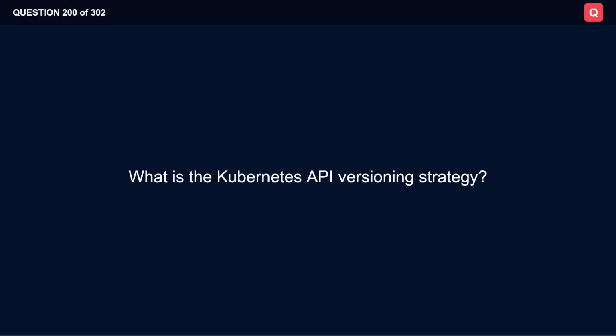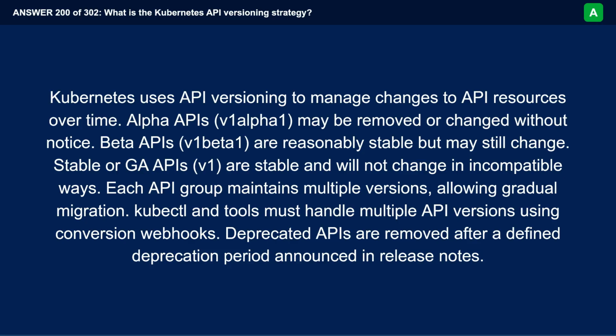What is the Kubernetes API versioning strategy? Kubernetes uses API versioning to manage changes to API resources over time. Alpha APIs, v1alpha1, may be removed or changed without notice. Beta APIs, v1beta1, are reasonably stable but may still change.